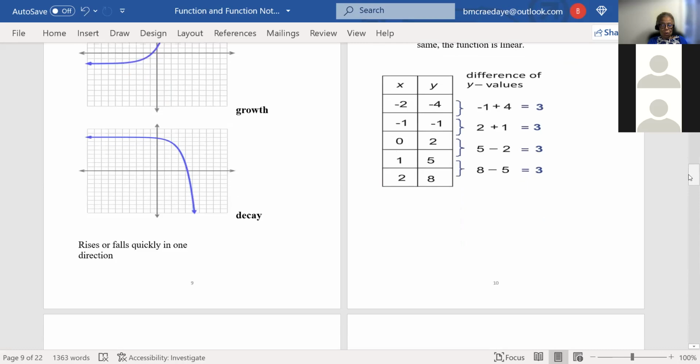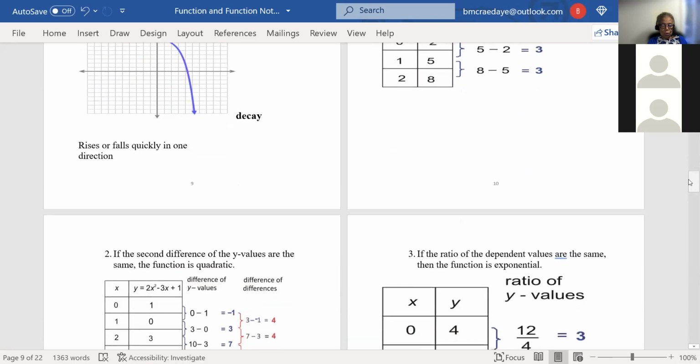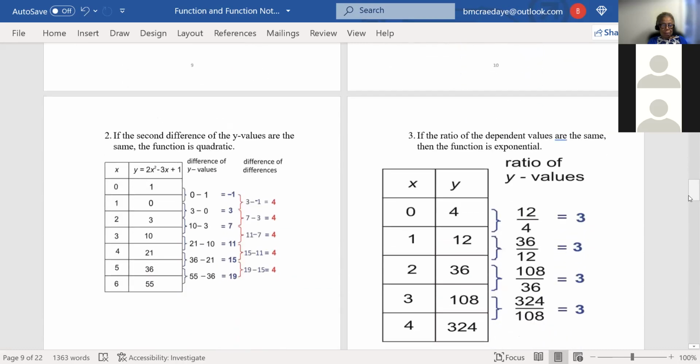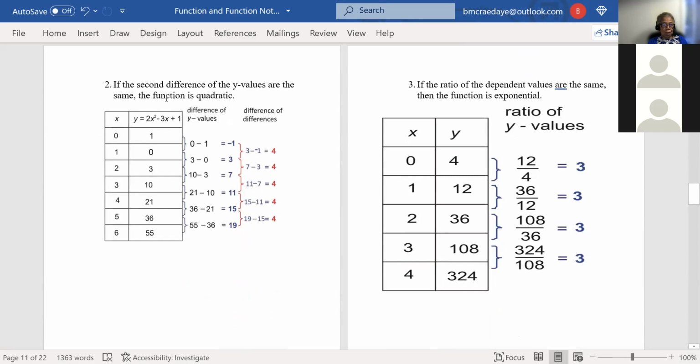Now let's go to number 2. If the second difference, and that's like the difference of a difference, are the same, then it's quadratic. So when we get the difference between these values, we see they're all different, right?